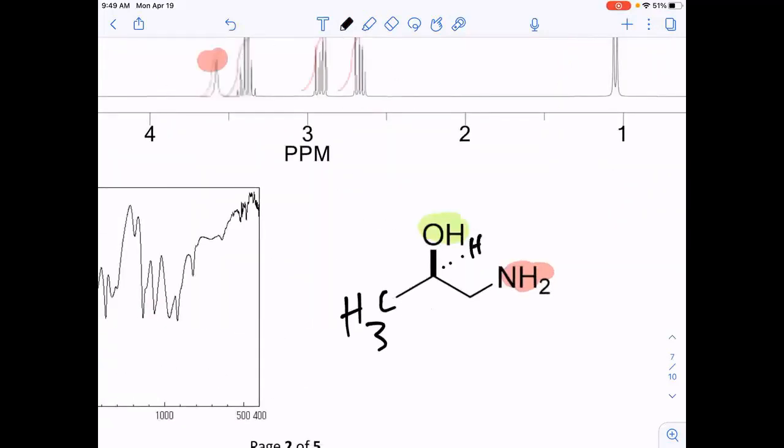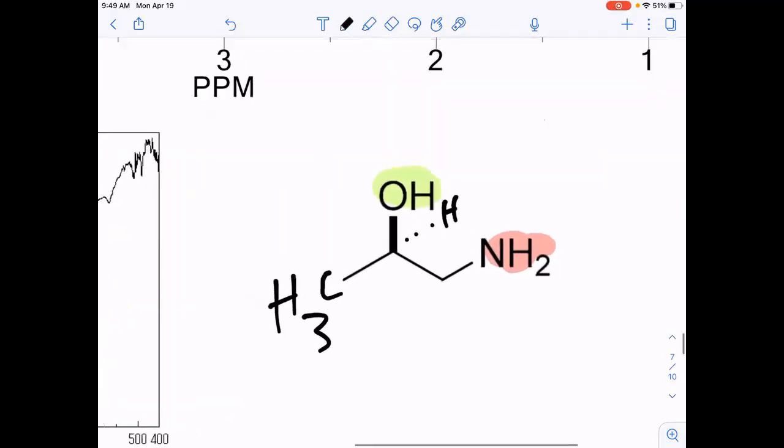Because of the stereo center that's next door to this CH2, those hydrogens are going to be non-equivalent. Normally, if that wasn't a chiral center, it wouldn't matter. But the fact that that chiral center is there makes these two non-equivalent.